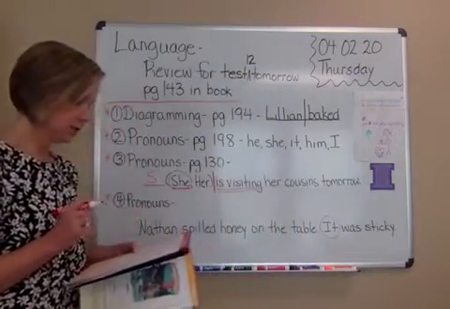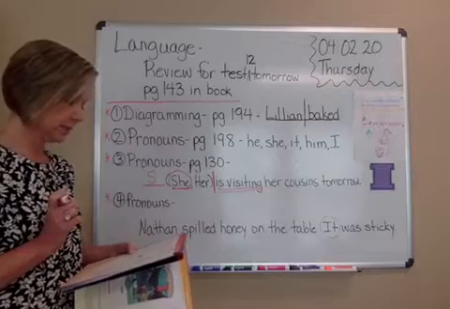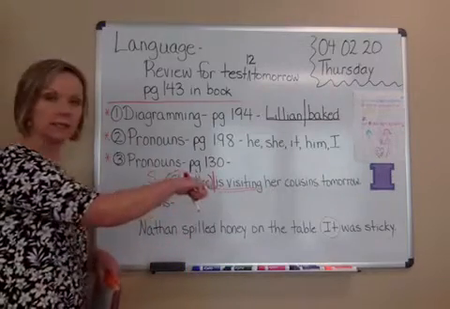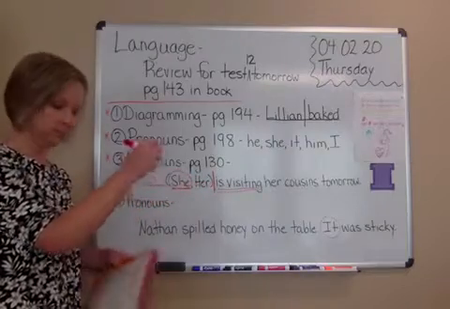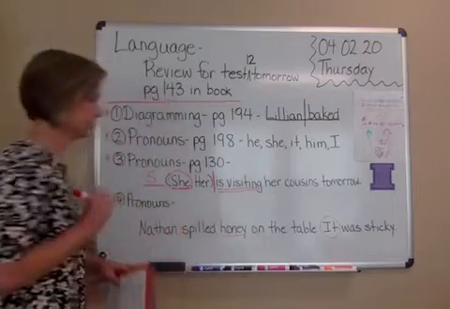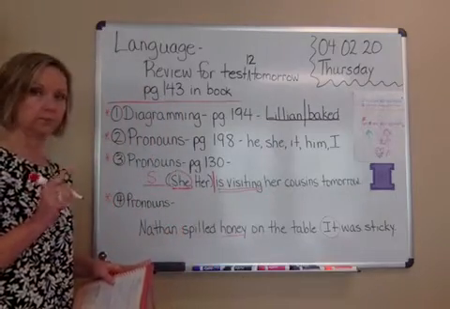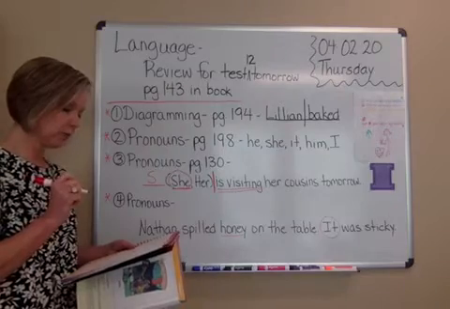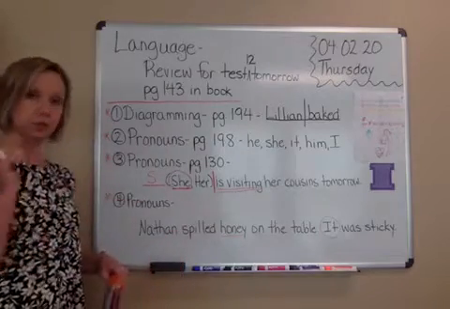Then it says, underline the noun in the sentence that the pronoun takes the place of. So what is it? What was sticky? The honey, and we're going to underline that. Good so far? Good. Then it says, number three, draw an arrow from each pronoun to the noun.